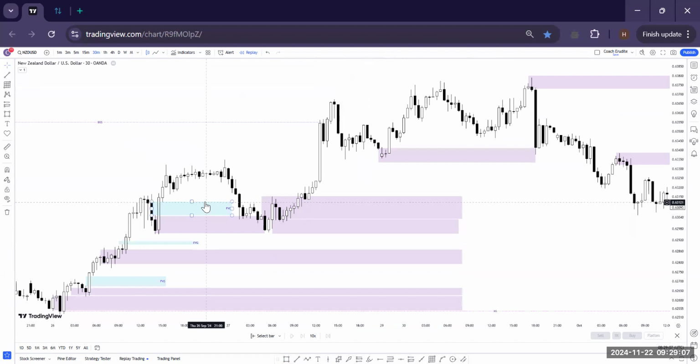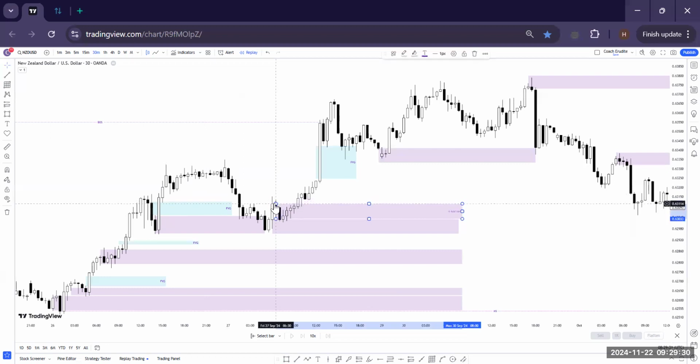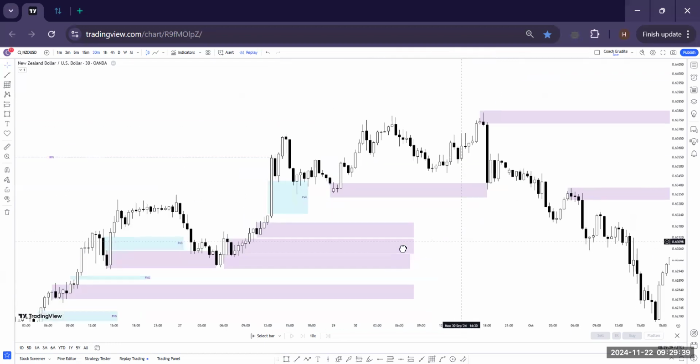But what we are doing now is to identify all the fair value gaps in our trade. So here's a fair value gap. Price already tapped into it, and you can see as price tapped into it, swept the liquidity and went up. Here's another block. We have another one. All these are order blocks.